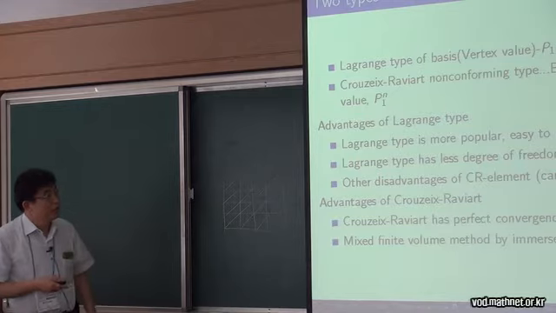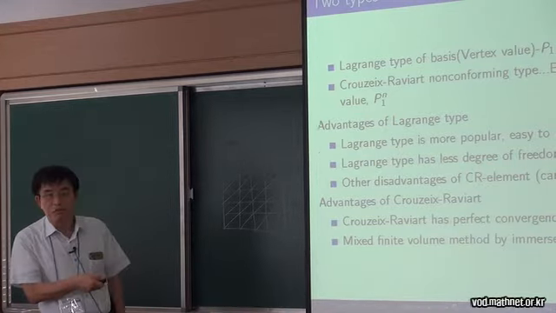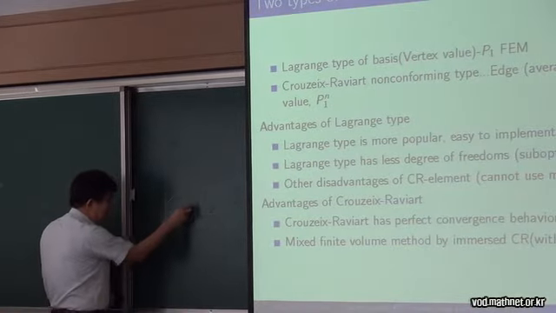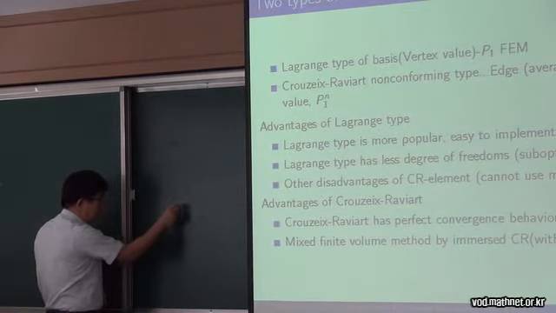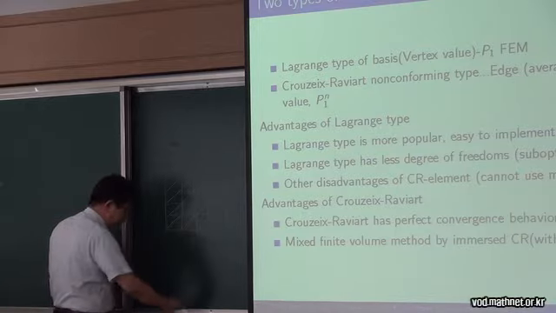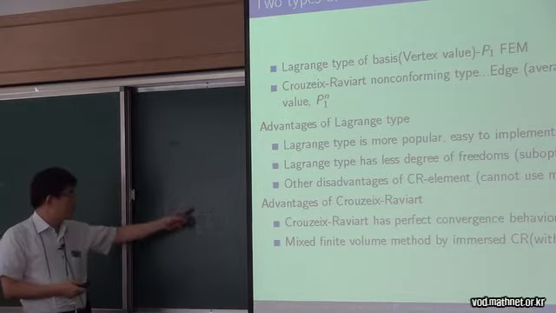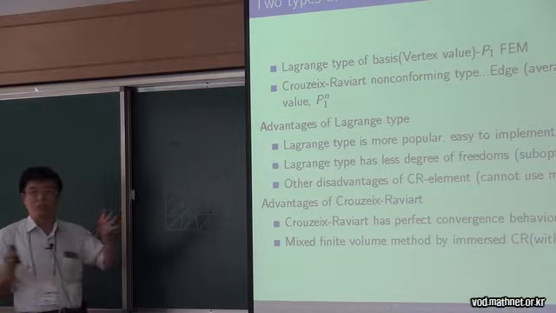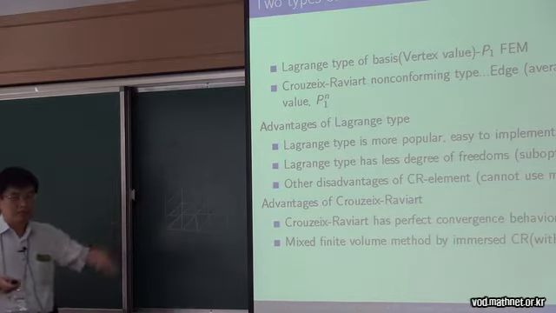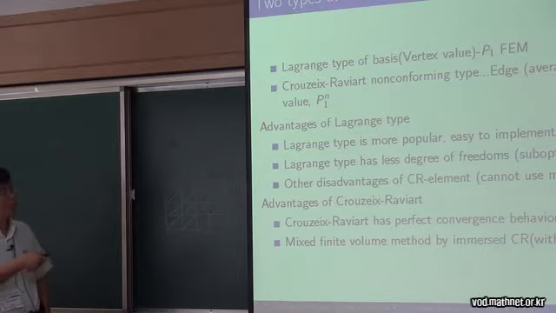And the Lagrange type has fewer degrees of freedom compared to edge degrees of freedom, which lie here. The number of unknowns, vertex versus edge, is about 1 to 3, so about a third less. So why use the Crouzeix-Raviart element?